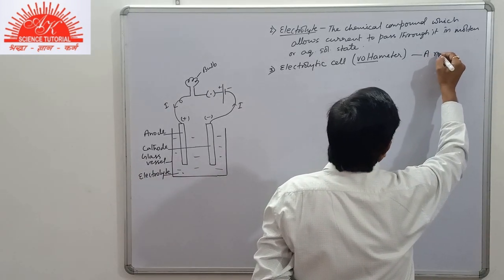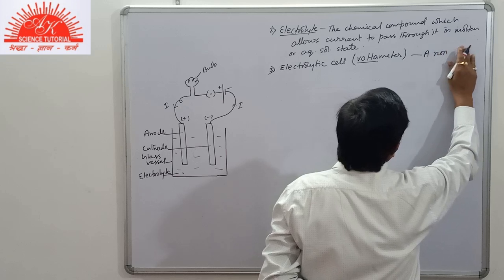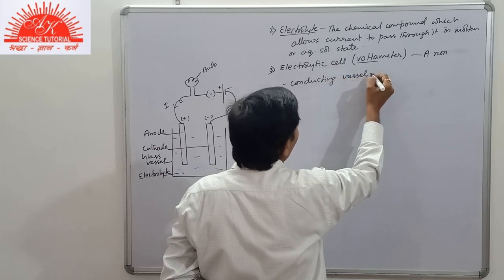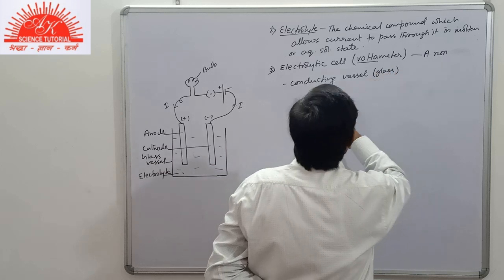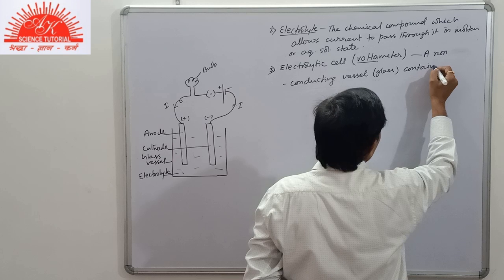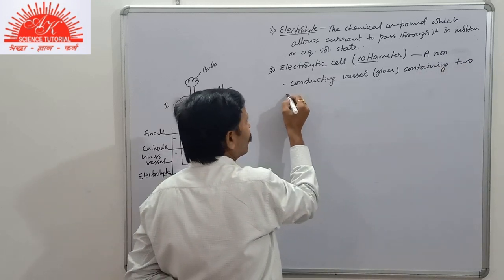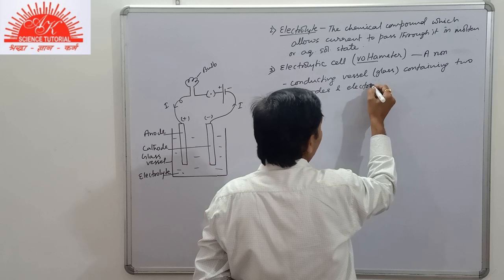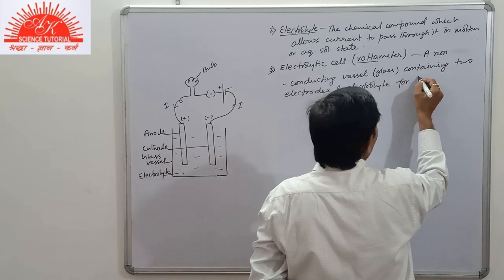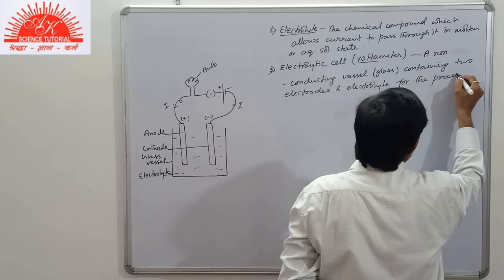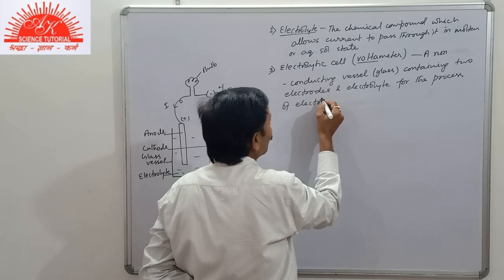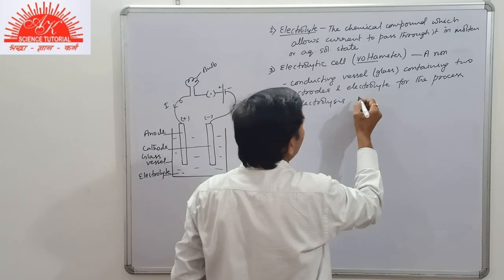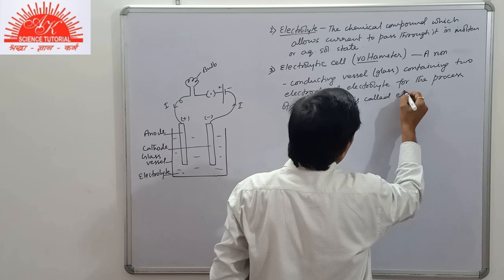So a non-conducting vessel, usually we take glass, a non-conducting vessel containing two electrodes and electrolyte for the process of electrolysis is called an electrolytic cell.